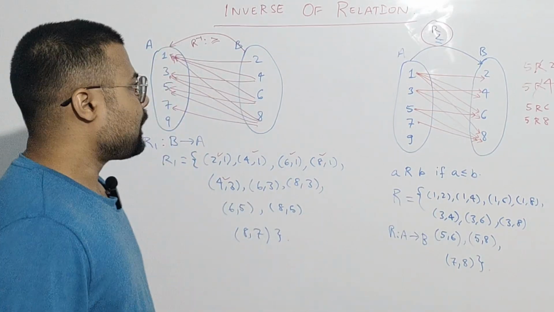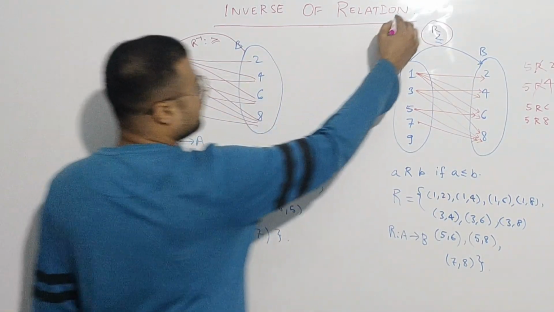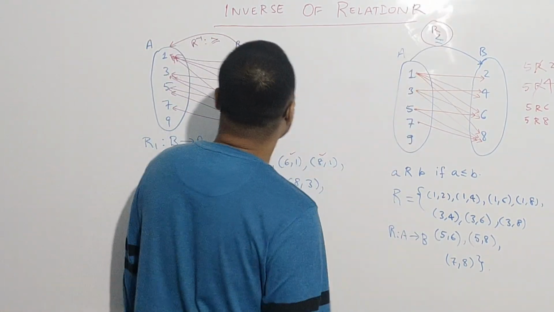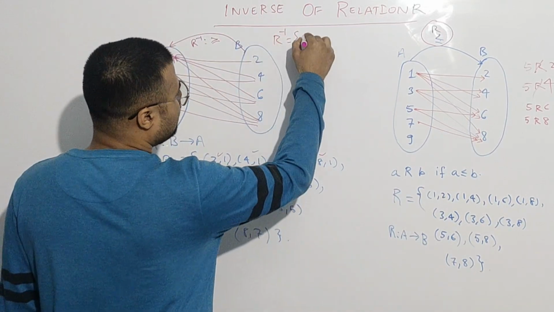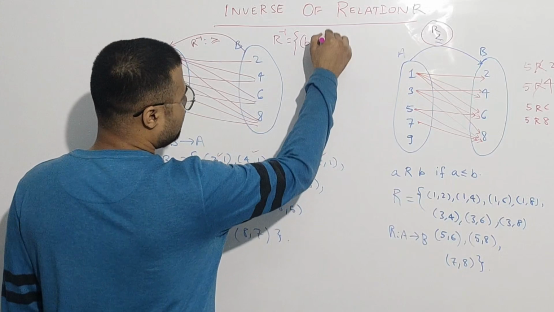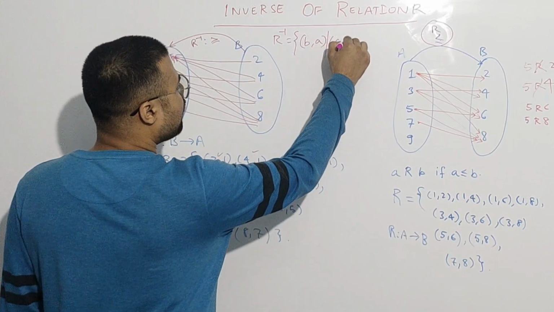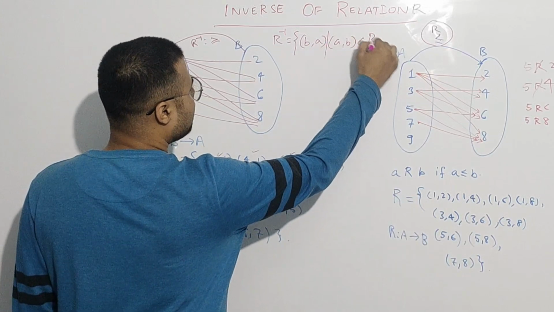The inverse of a relation R is R inverse equal to the set of (b, a) such that (a, b) belongs to R.